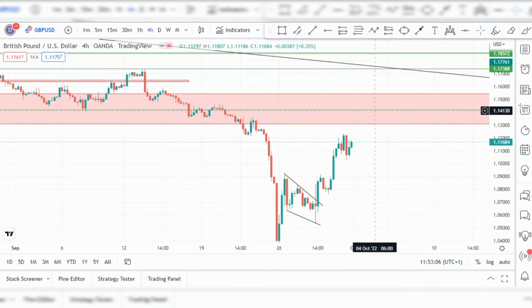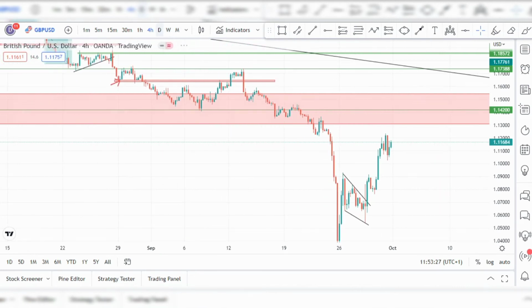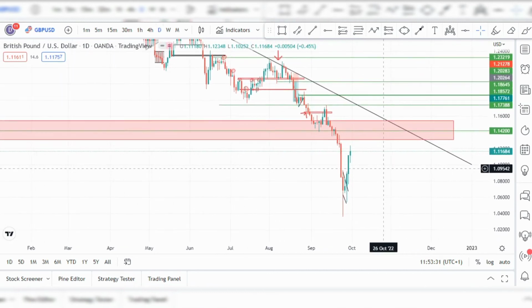So a sell signal would be something like a bearish engulfing candle, a bearish pin bar, or an evening star candle, or a bearish inside bar. We'll be looking to trade that and then hopefully to capitalize on that move again, and that would be mostly on the daily time frame.